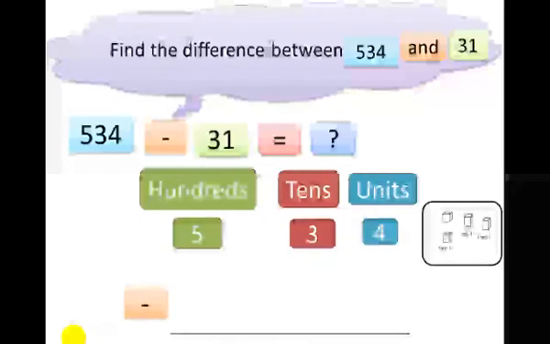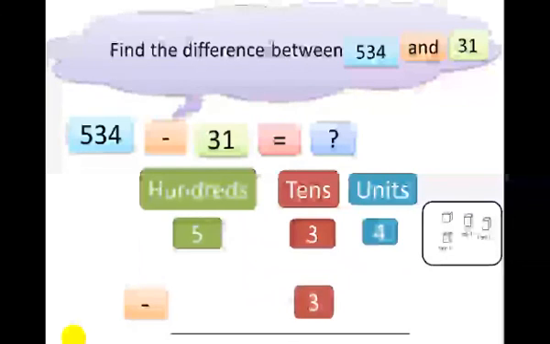Minus. Always remember to put your sign. 31 is a 2-digit number. The number 3 stands for 3 tens. The number 1 in 31 stands for 1 unit.